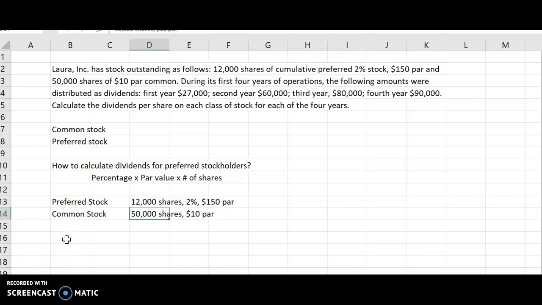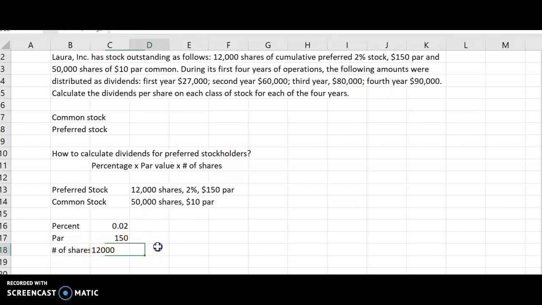All right. So the percent we said was 2% or 0.02. The par is 150, and the number of shares that we're going to be paying on is 12,000.